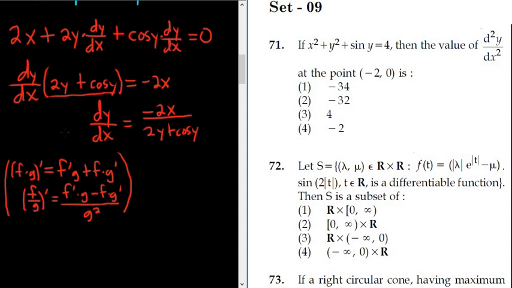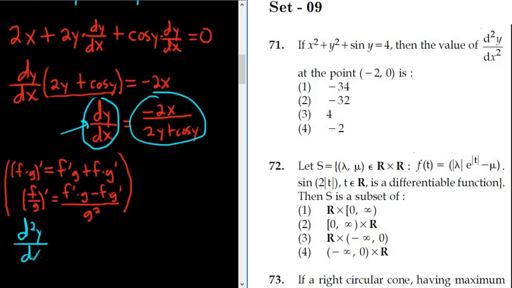Taking the derivative of this, we have to use the quotient rule. So the second derivative of y with respect to x is the derivative of the top piece, which is negative 2, times the bottom, 2y plus cosine y, minus the top piece, negative 2x, times the derivative of the bottom piece.